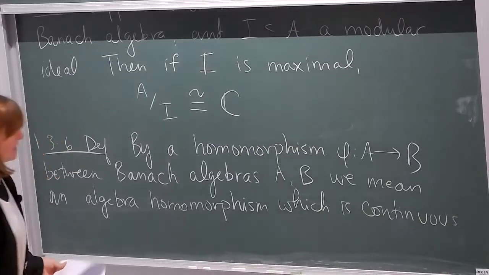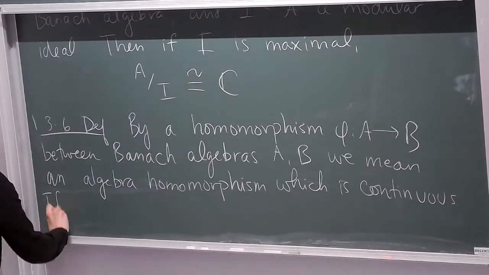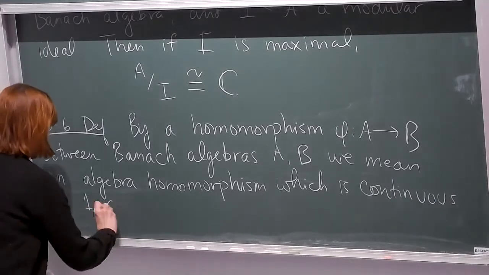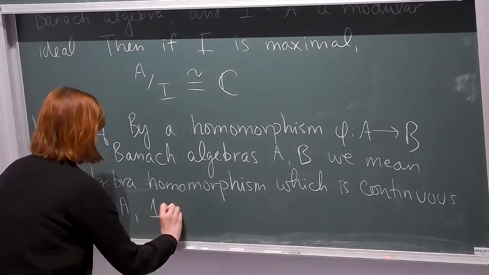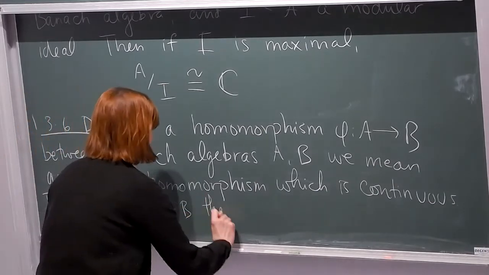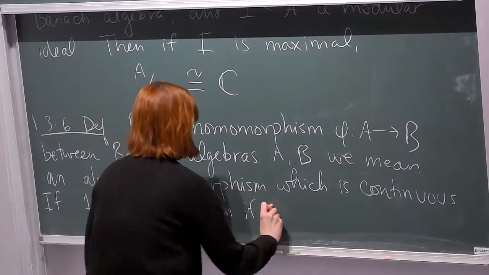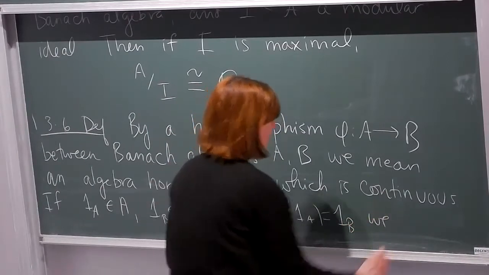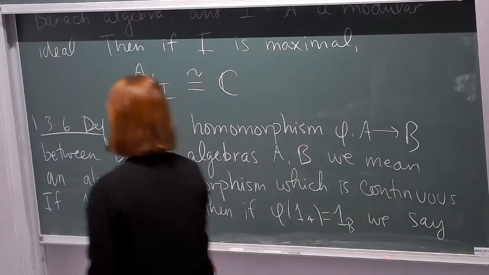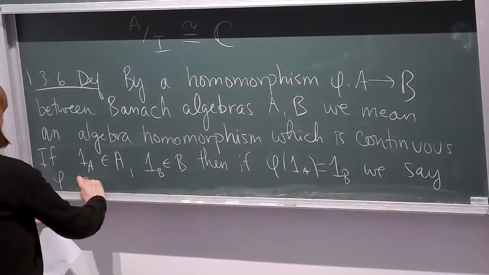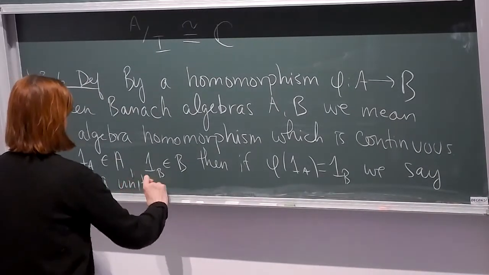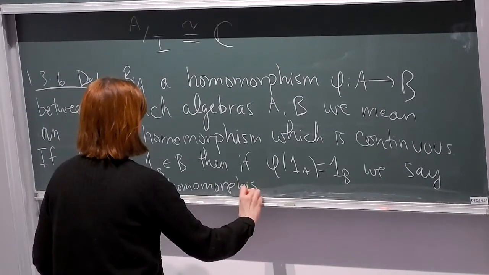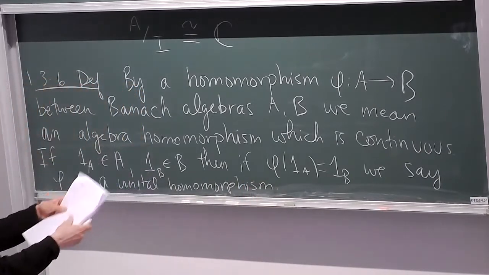So not a very surprising definition. And if A and B happen to be unital, then we have the notion of the unital homomorphism, which will just map the unit to the unit. Okay.